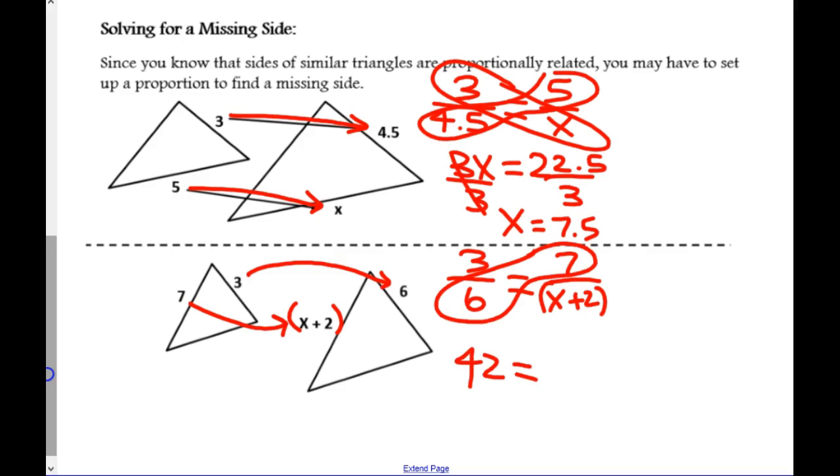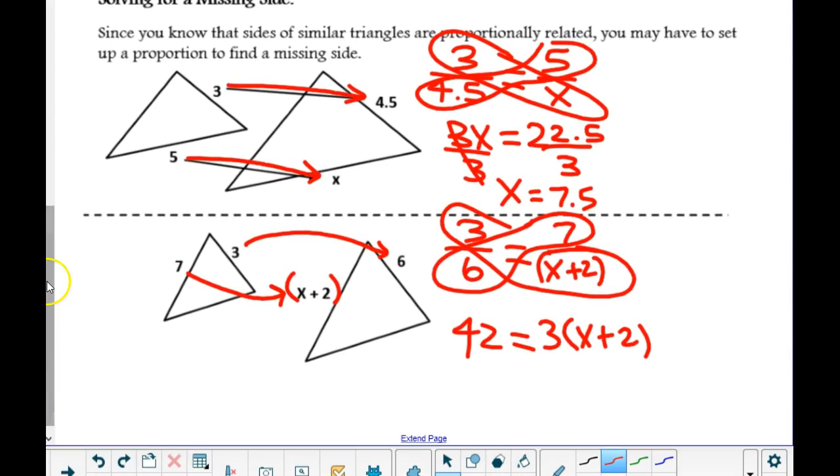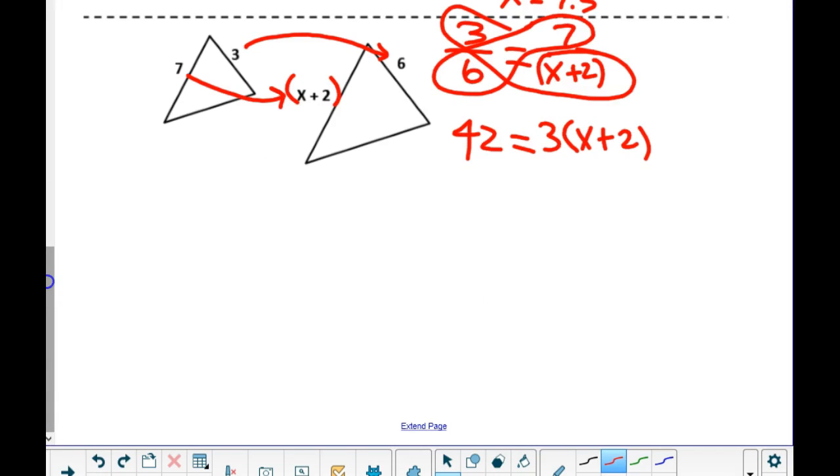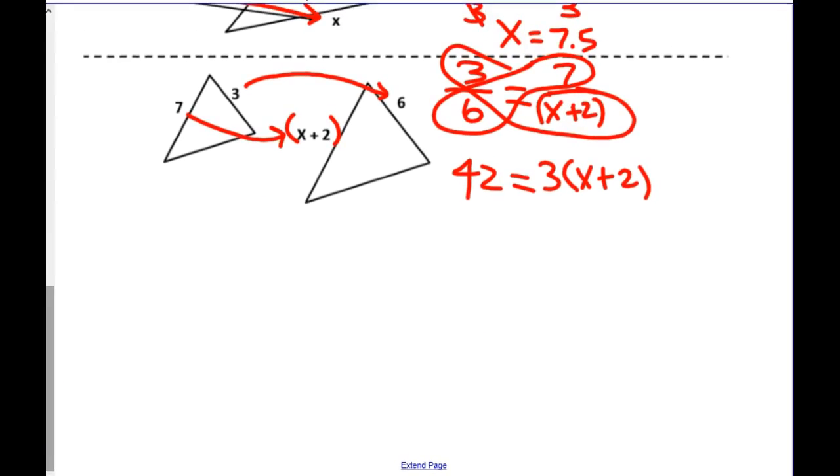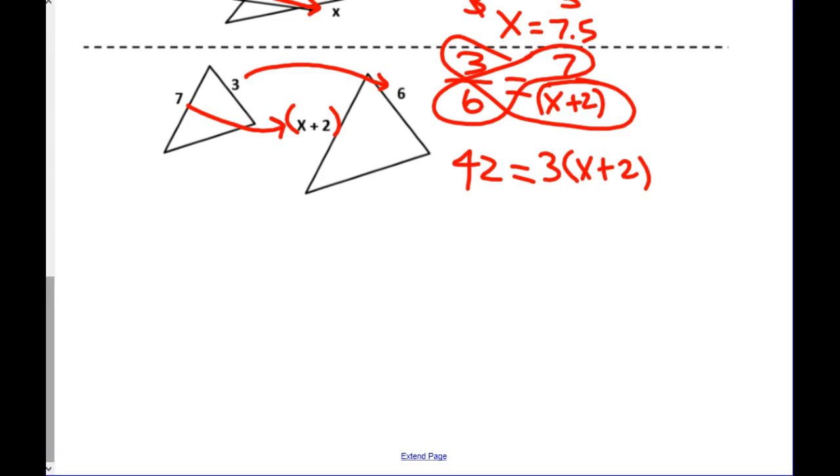Equal sign, and then this times this. 3 times x plus 2. And then yes, what's that word when you multiply into the parentheses? Distribute, yeah. So, 3 times x, 3x, 3 times 2 is 6.